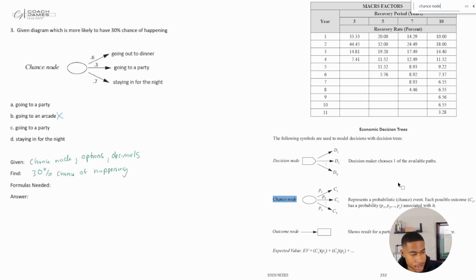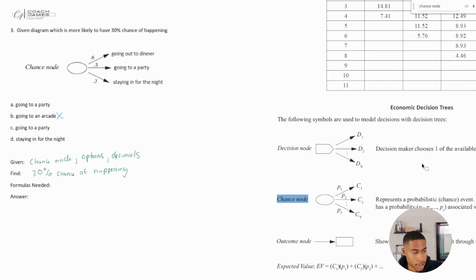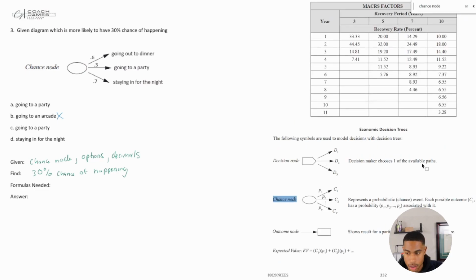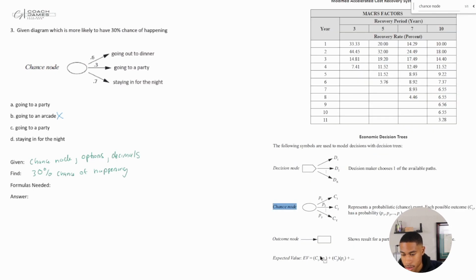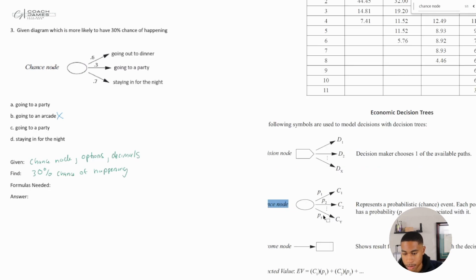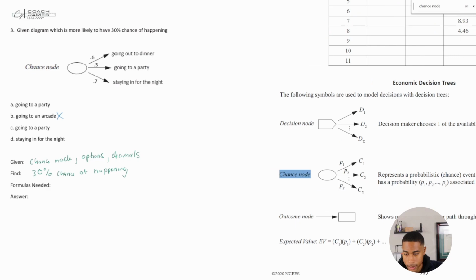If you're not familiar with this, glad you're watching this video, because now you hopefully will be familiar. I can't get this thing to zoom like I want it to. All right, so hopefully you're following along with me in the handbook. The chance node, all right, this is what it looks like. You can see from our image, it looks very similar.